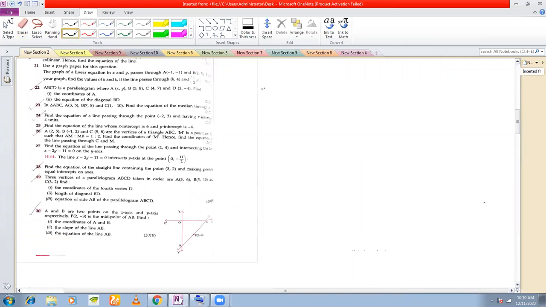Number 30. The question is, A and B are, in fact, the figure is given. Let's draw the figure first. This is the negative direction of y.